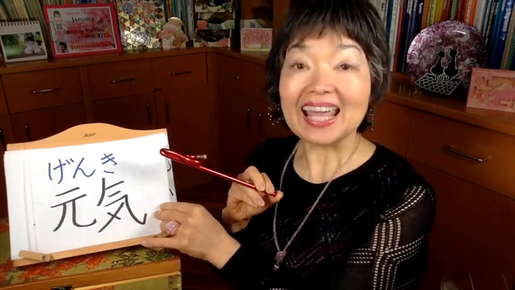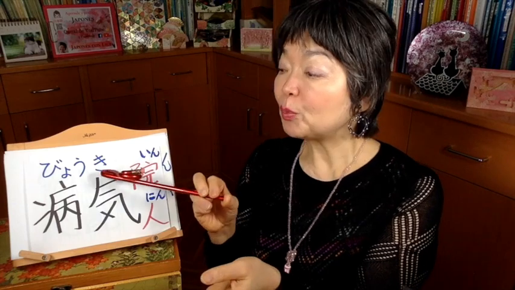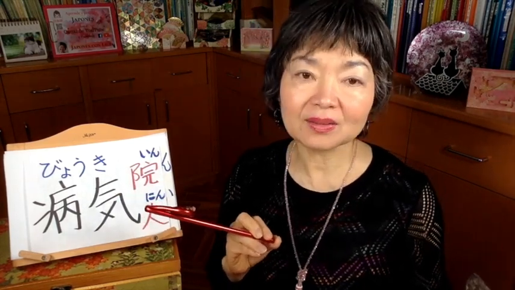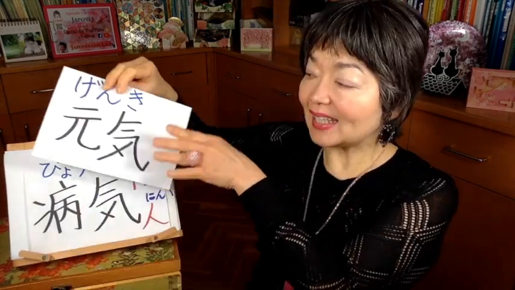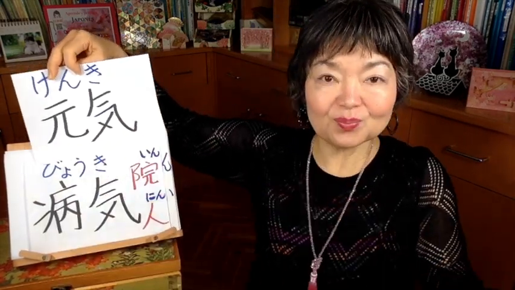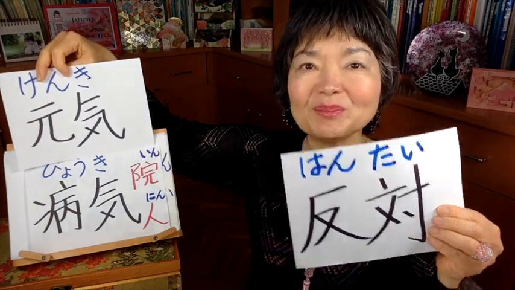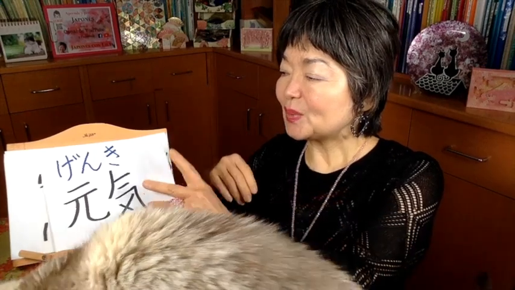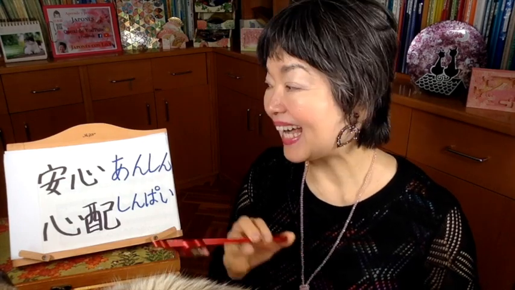Let's see the example using this word 元気。元気 so healthy. And the contrary 反対は病気です。病気 sick, ill. So 元気の反対は病気です。Well, the phrase is like that. おばあちゃんは元気です。The grandma is healthy. 安心です。I feel good.